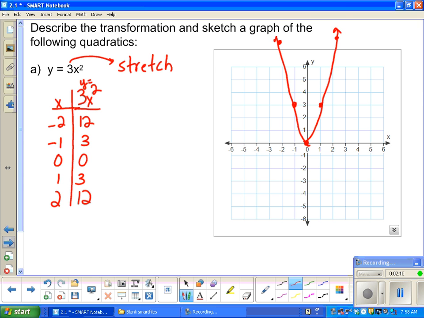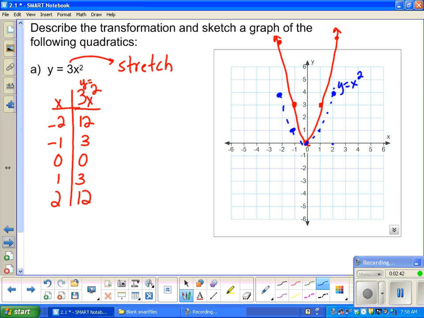So our parent function right here is y equals x squared. 1 squared is 1, 2 squared is 4, negative 1 squared is 1, negative 2 squared is 4. That's our parent function. Notice it's been stretched. The outputs get bigger, so the graph gets skinnier.